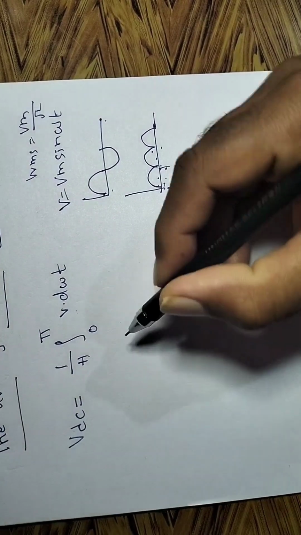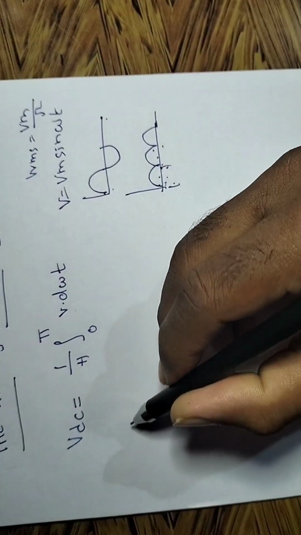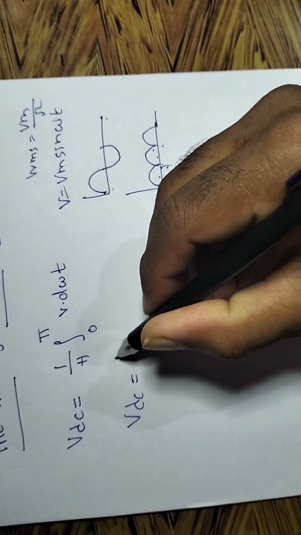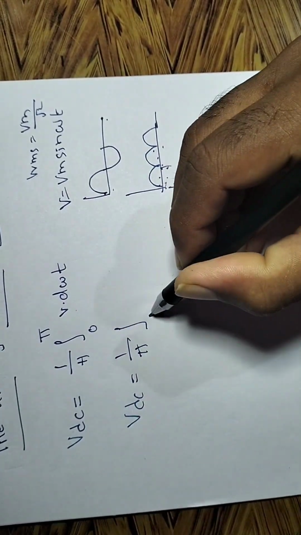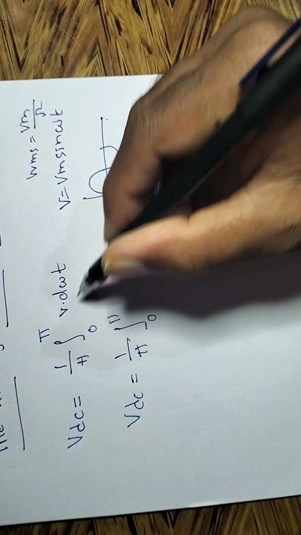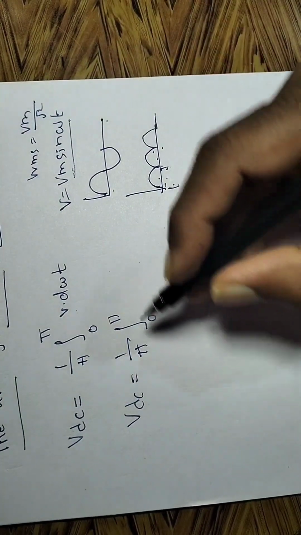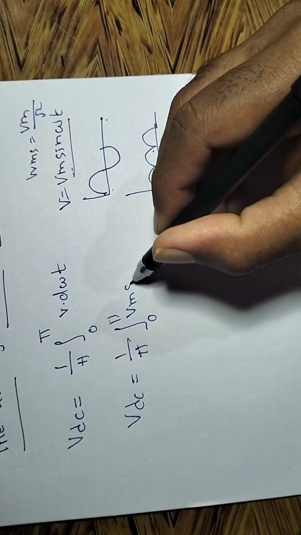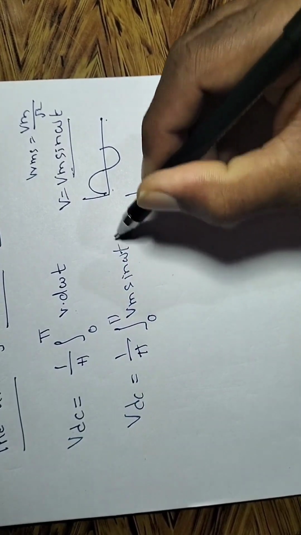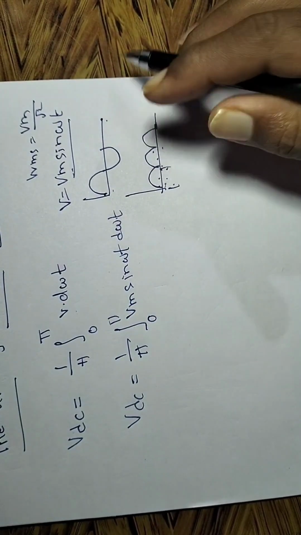Now let's start the derivation part. So VDC is equal to 1 by pi integral 0 to pi of V d omega t. What is V? V is nothing but the input applied voltage, that is Vm sin omega t d omega t.